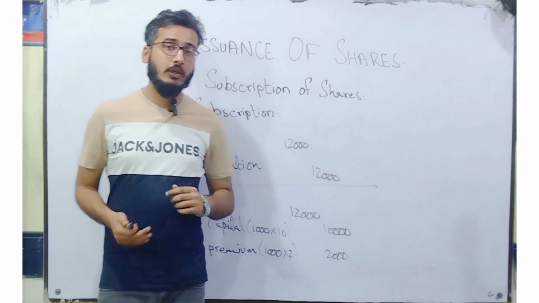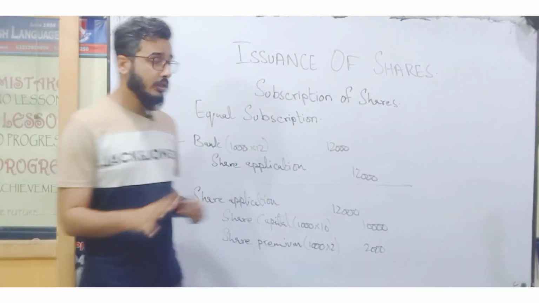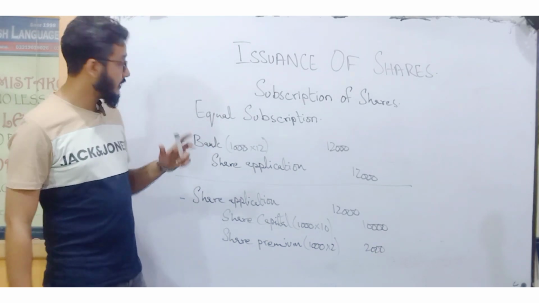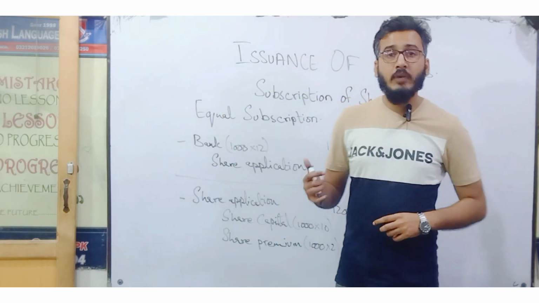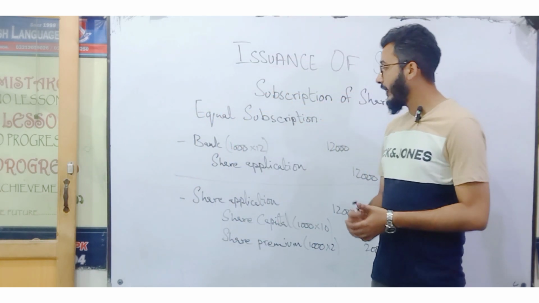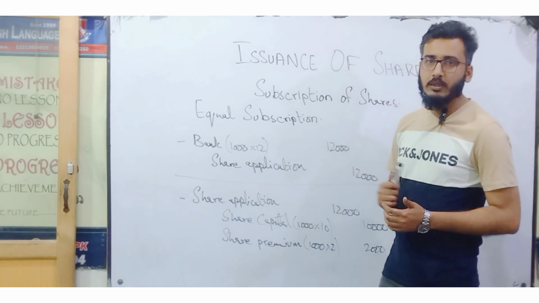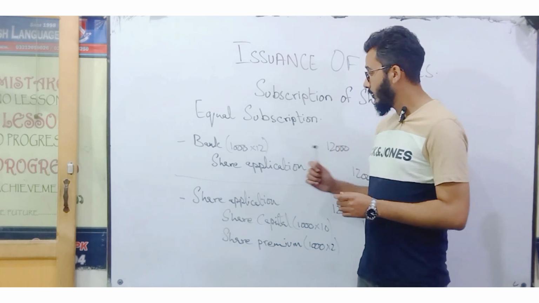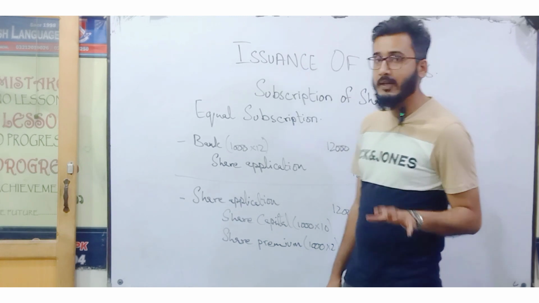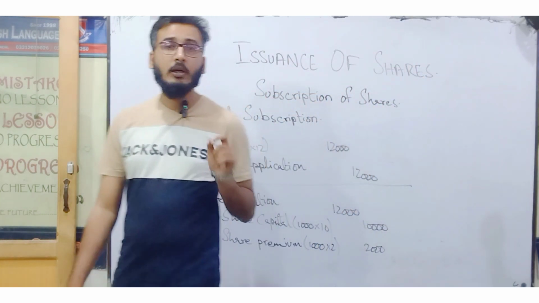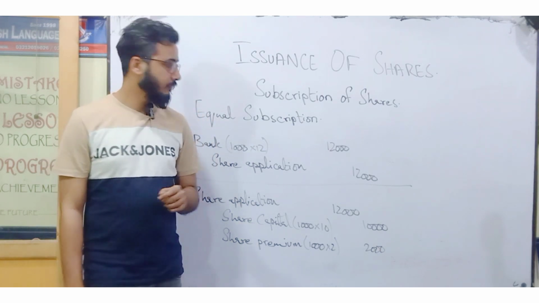Okay, so we are to learn about the transactions involved under equal subscription. We do not pass the entry of offer, but we do pass the entry of shares application received. Here, we have studied before that whenever anyone subscribes into the company, he has to make a deposit into the company's account and submit the application along with it. Now, what is share application? Under which head does it fall? It is a temporary account which is open until the shares are issued to the shareholder.